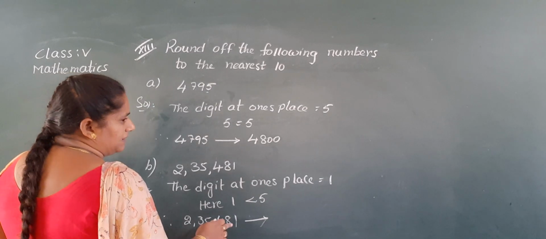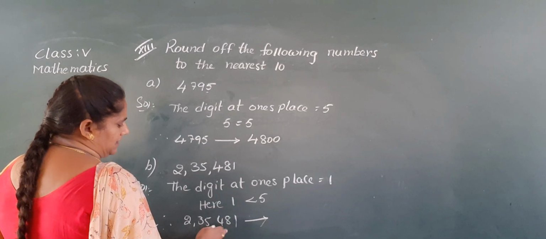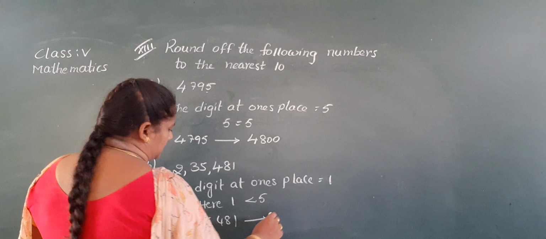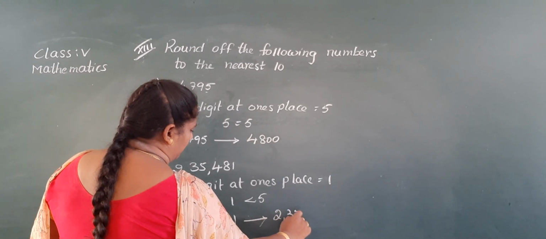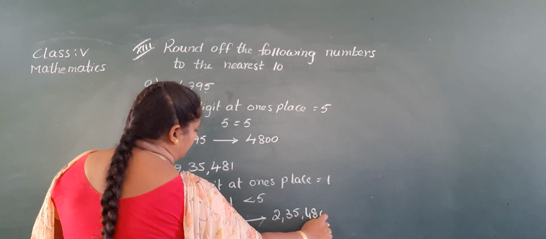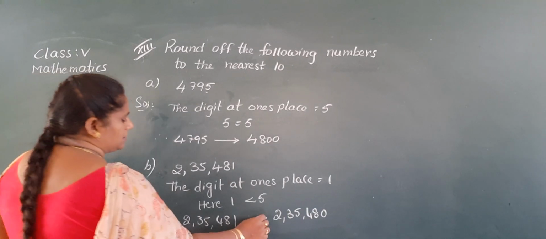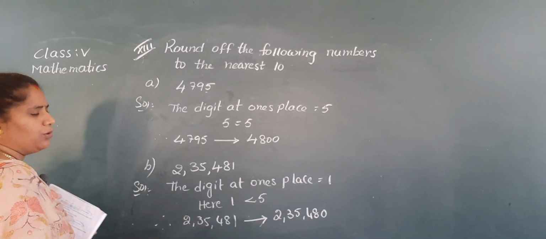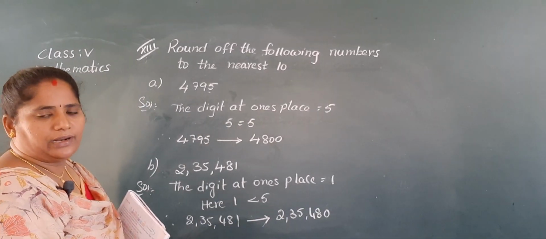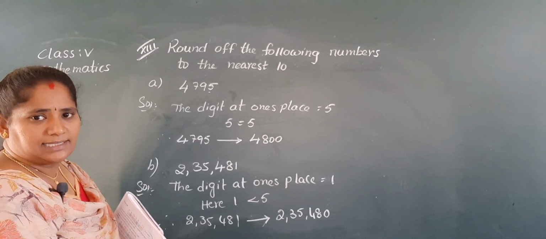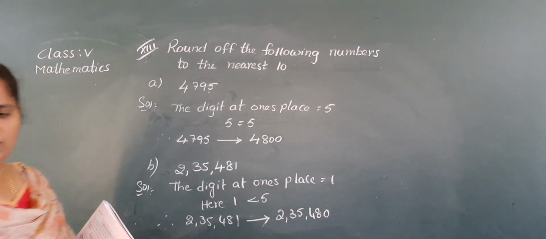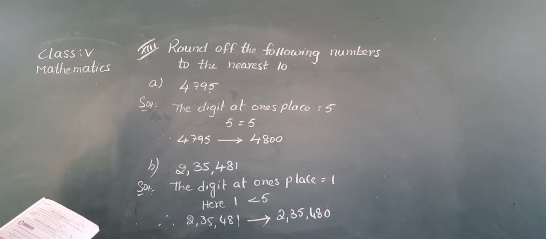That means there is no change in the tens place. Just you keep 0 in the ones place. 2,35,480. Okay? So this is rounded off to 2,35,480. Okay, is it clear to you? Yes, note down in the homework book.